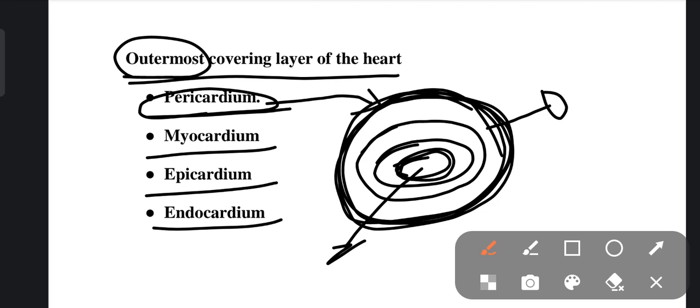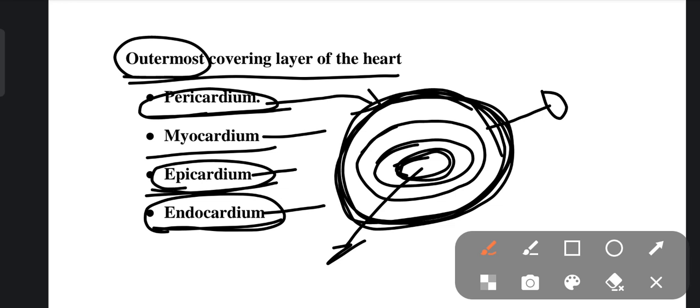The remaining layers, from inside to outside, are endocardium, myocardium, epicardium. So epicardium will be present after the pericardium, and myocardium will be present after the endocardium. So these are the sequence of layers of the heart.